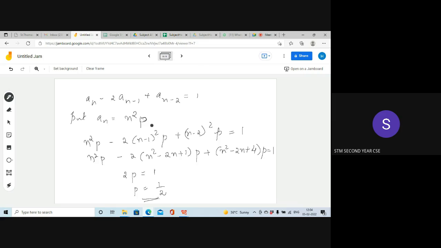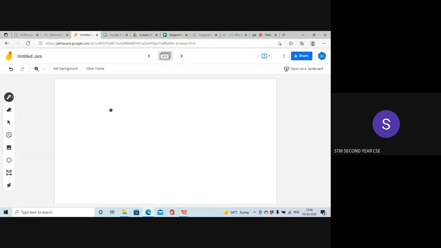So our aim was to find this constant p, isn't it? So now what is our particular solution? Our particular solution, an of p is equal to n square p. When we put n square p, we got the value of p.